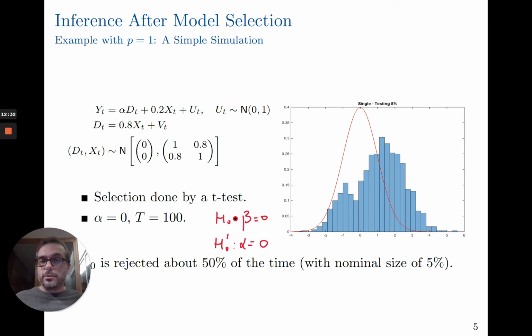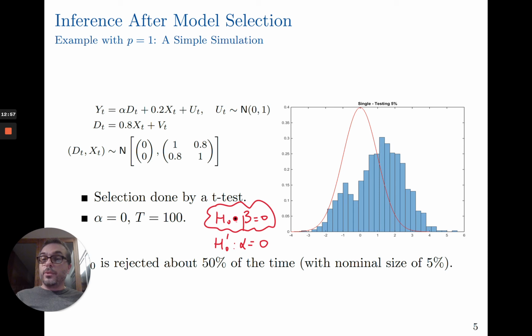So we run a test to decide if we keep x in the equation or not. Then, based on that result, we are going to estimate either the long regression or the short regression and conduct a hypothesis test on the parameter alpha. We are going to repeat this 1,000 times.